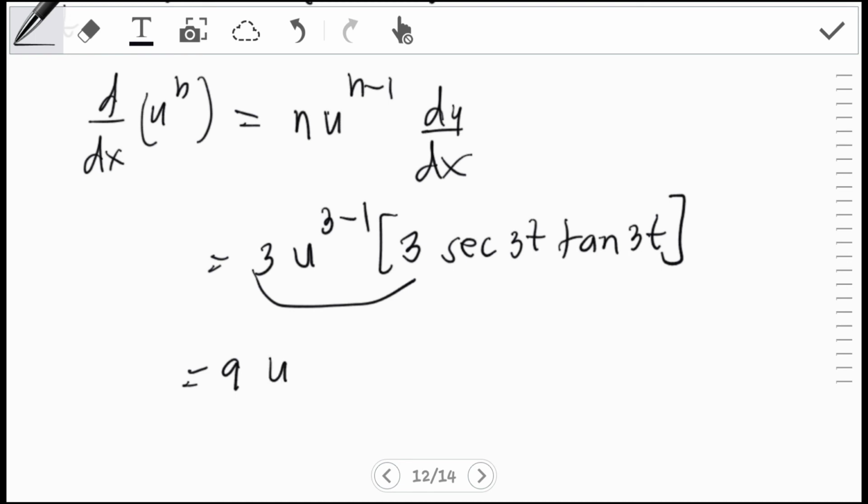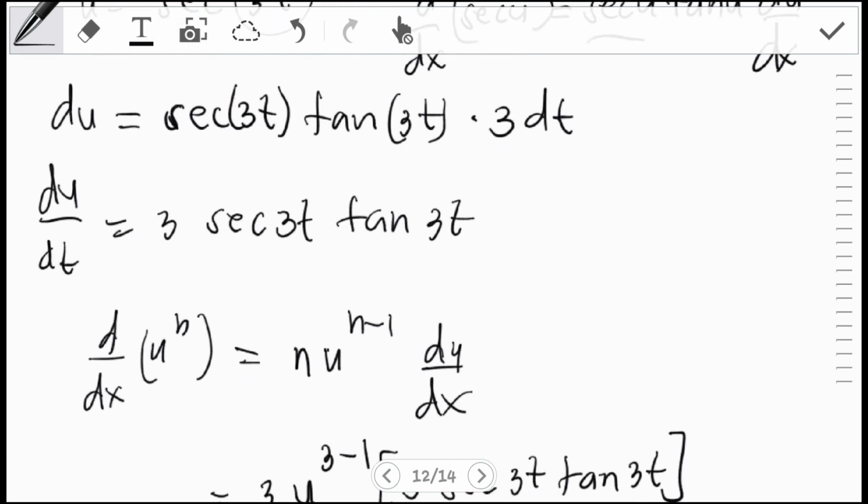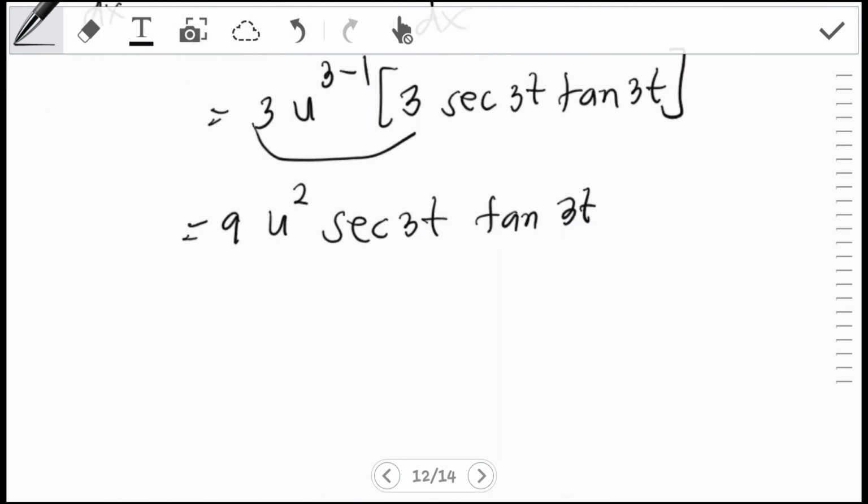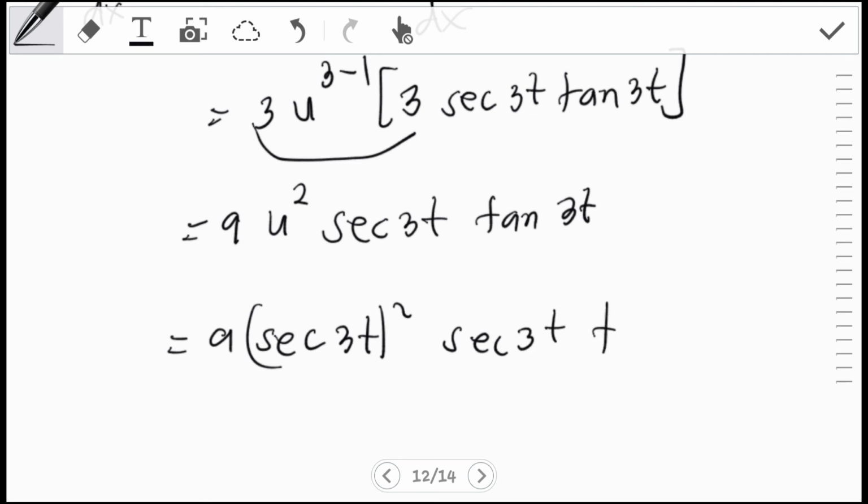Then u to the power 2. Okay. Secant 3t tan 3t. Okay. So substitute the value of u, which is secant 3t. 9 secant 3t squared, then secant 3t times tan 3t.